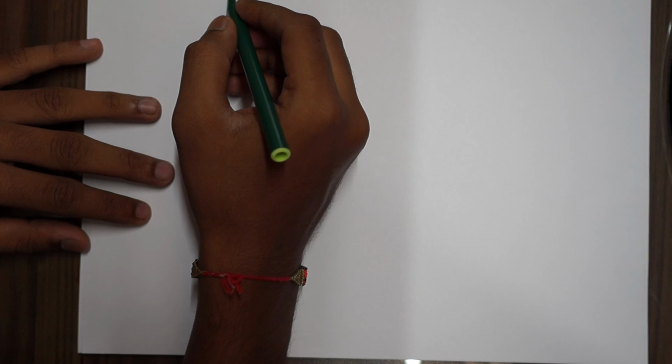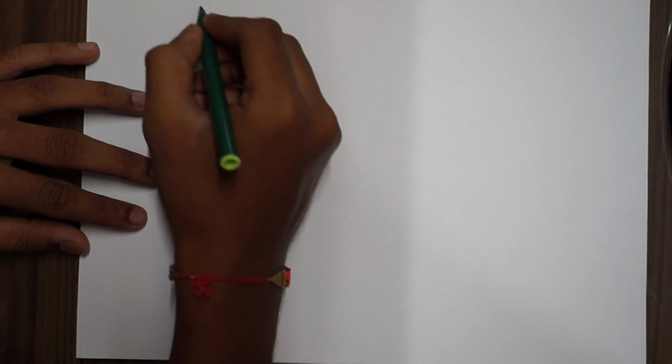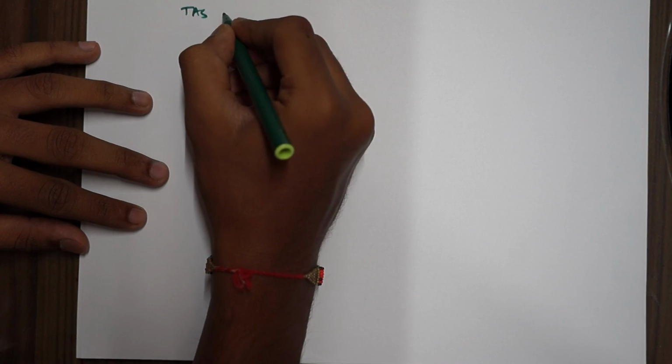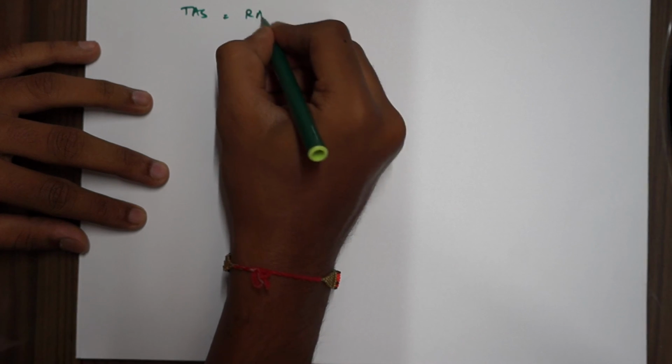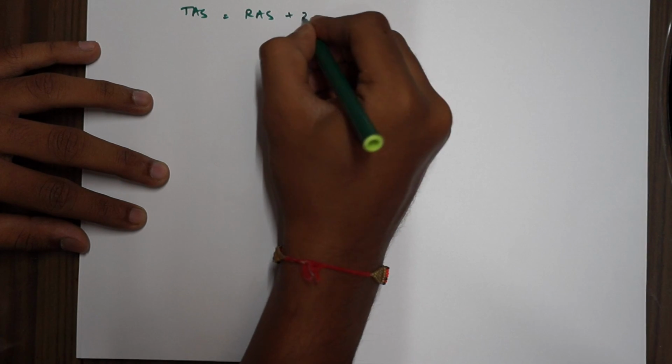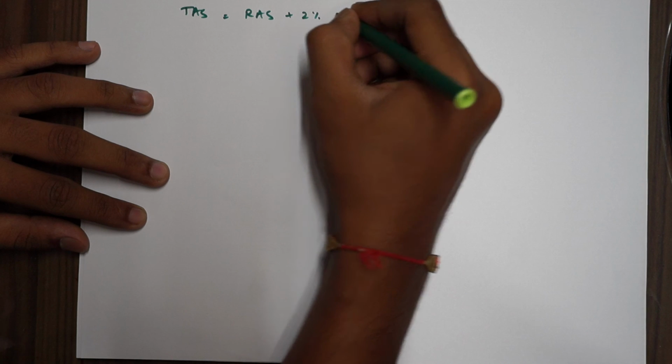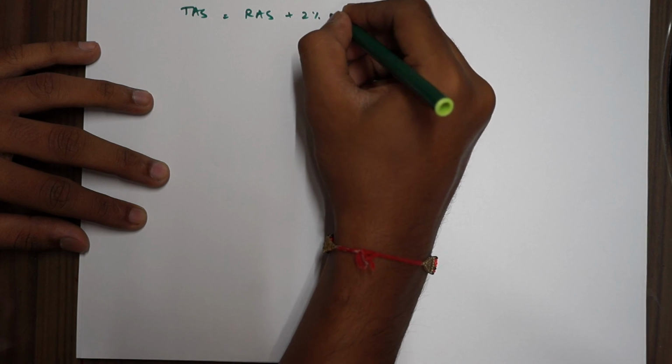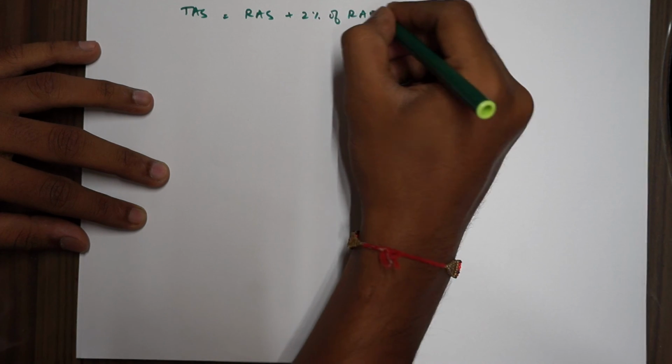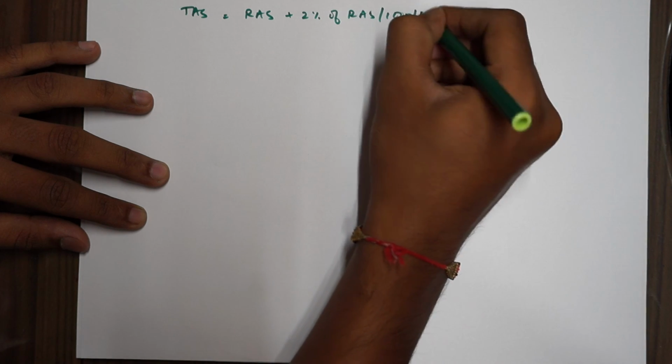Okay. So now we'll do equations, how the equation reacts to different changes. Okay. Before that, simple thing I would like you guys to know is formula of TAS. TAS equal to RAS, rectified airspeed or calibrated airspeed, plus 2.2% of RAS per 1000 feet.